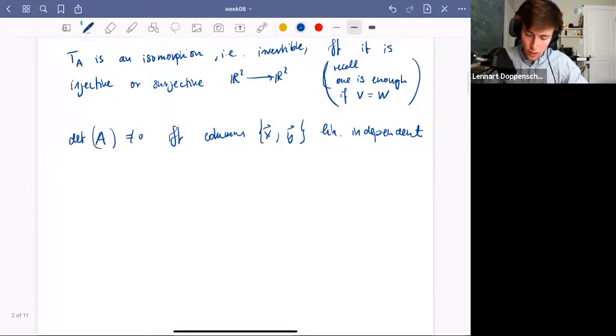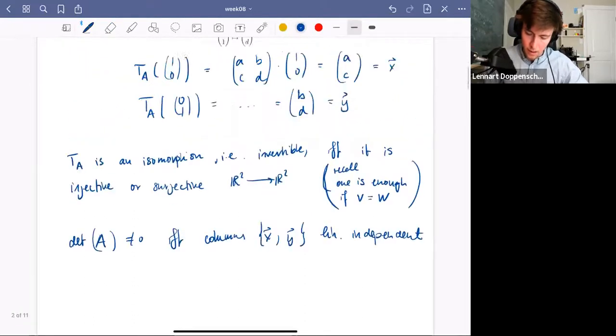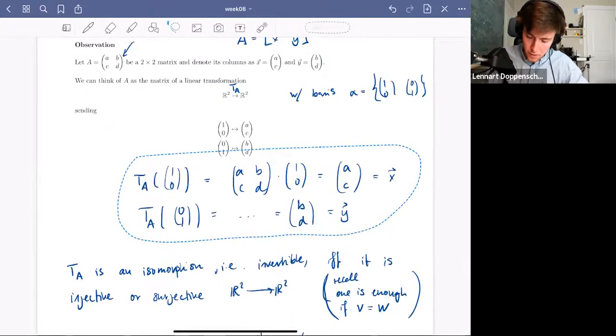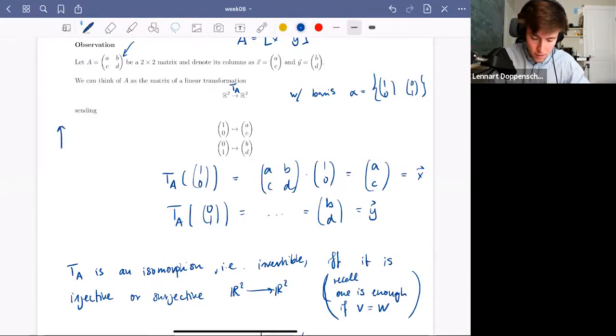So now if you draw this again, from this idea before that this is a transformation that sends (1, 0) to AC and (0, 1) to BD. Just think of this as (0, 1) and this as (1, 0).